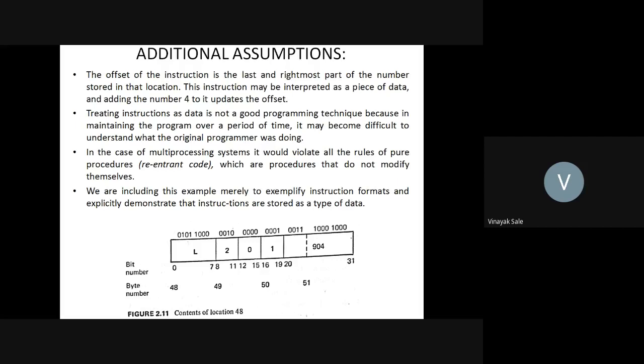In a multiprocessing system, it would violate the rules for pure procedures, which are procedures that do not modify themselves. We are including this example merely to exemplify the instruction formats and explicitly demonstrate that instructions are stored as a type of data.